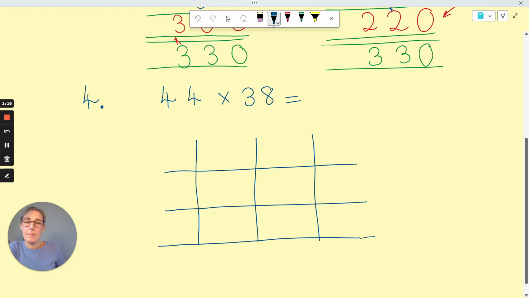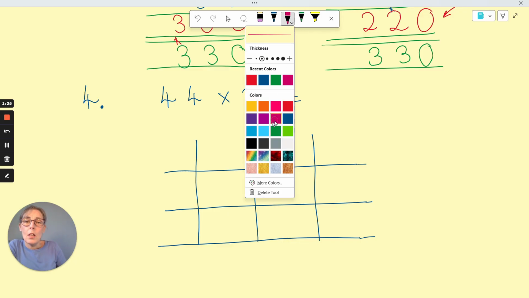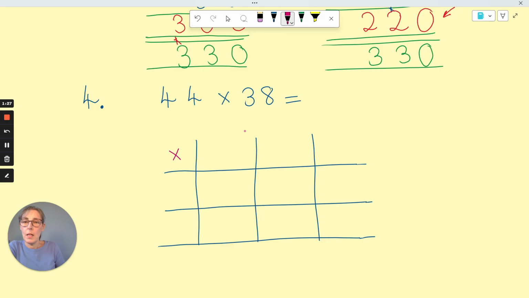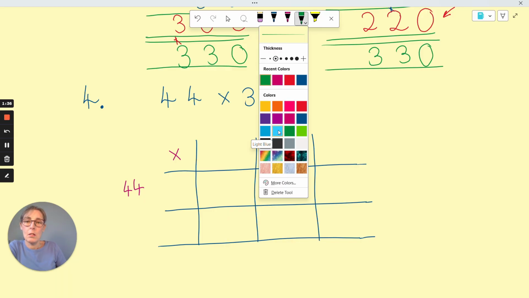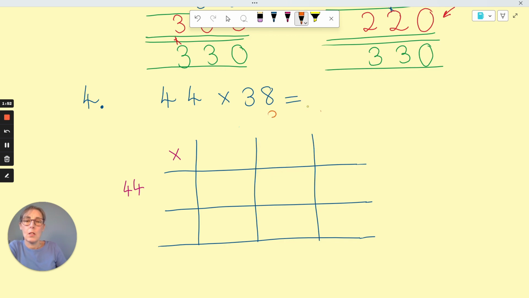Okay. All right. Let's change the colour. Right, so we're going to multiply, aren't we? So I'm going to put 44 here, multiplied by, let's change this colour actually. What should we go for? Dark green. No, we've done dark green. Let's go for orange. Okay, times 38.